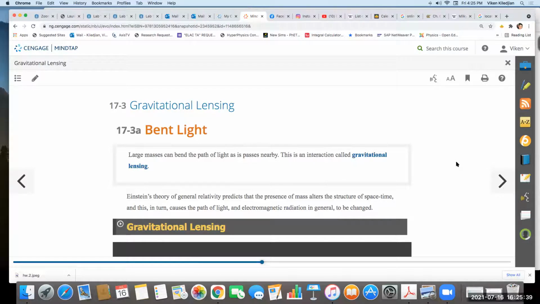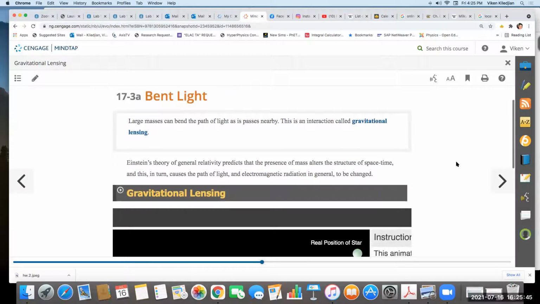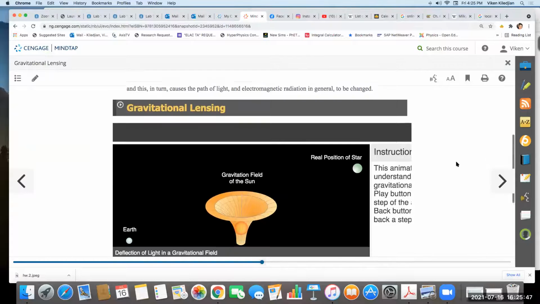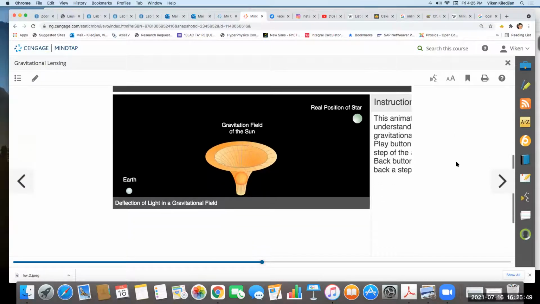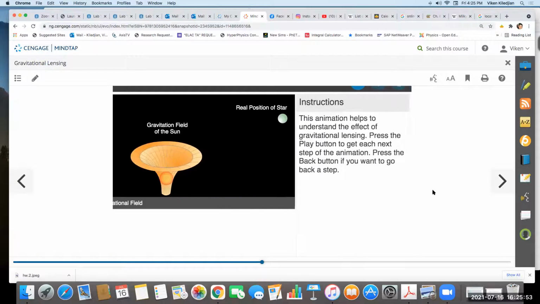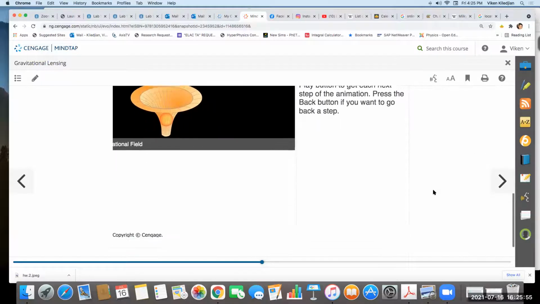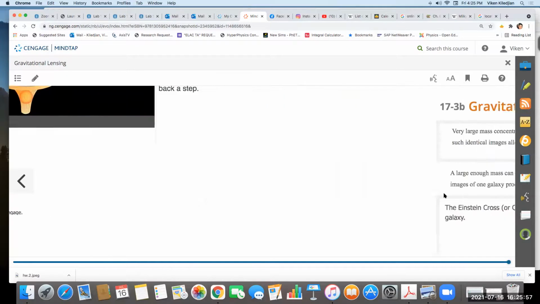This is an interaction called gravitational lensing. Einstein's theory of general relativity predicts that the presence of mass alters the structure of space-time. Okay, so we don't have to go too much into this because we've done this, right? That's a good thing about having done something, is you've already got the background knowledge.